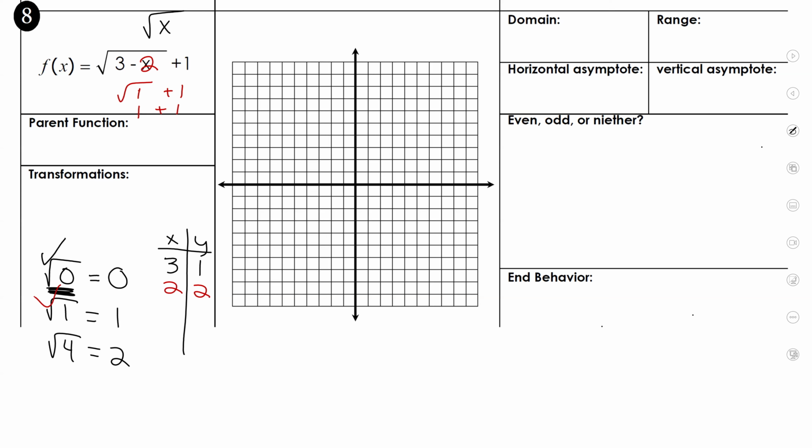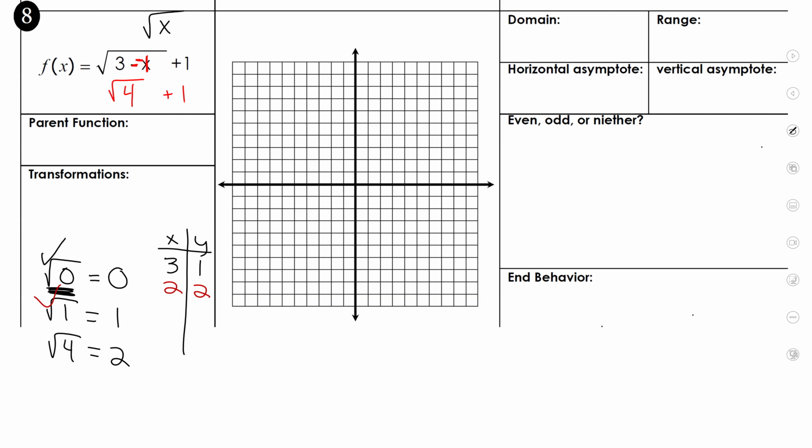That works. Now let's try to get the square root of 4. What should I plug in right here to get a 4? I heard someone say it, negative 1. So guys, look, if I put a negative 1 right here, these two negatives make a positive. So I'll get the square root of 4.